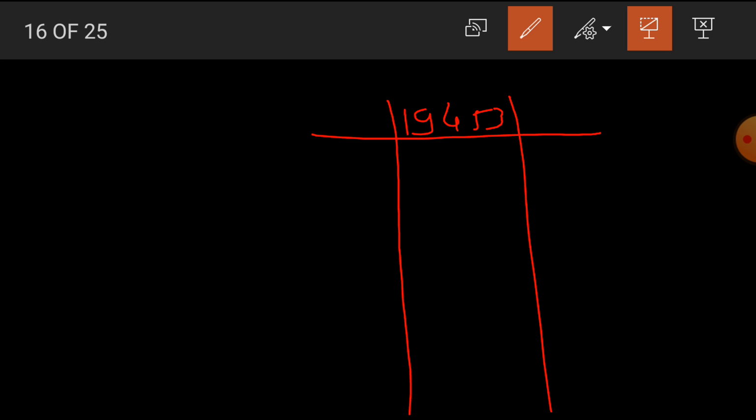By using this method, that means we have to convert 19,453 divided by 16.